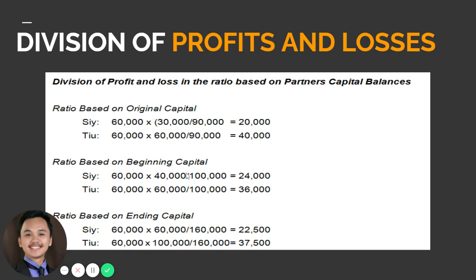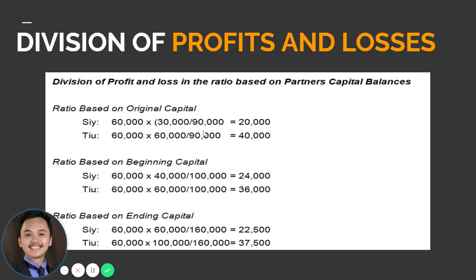Based on the given, the original capital of C and Chu is 30,000 and 60,000 respectively. So to compute each share in the partnership net income, you just create a ratio or a fraction. So that's 30 over 90, where 90 is from 30 plus 60,000.